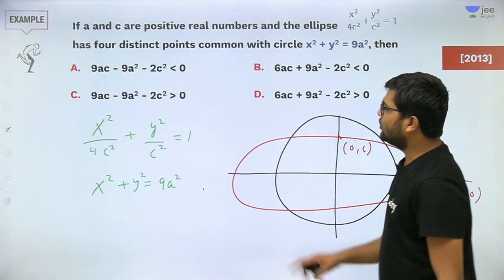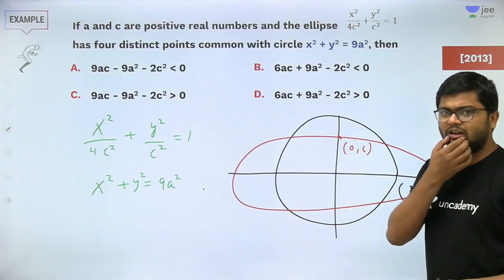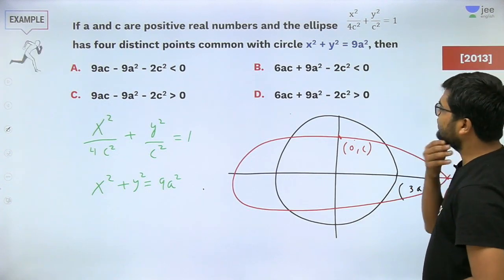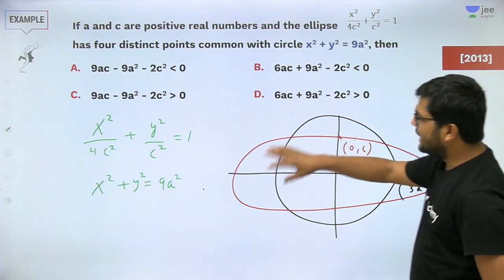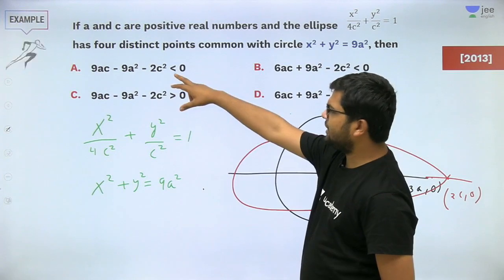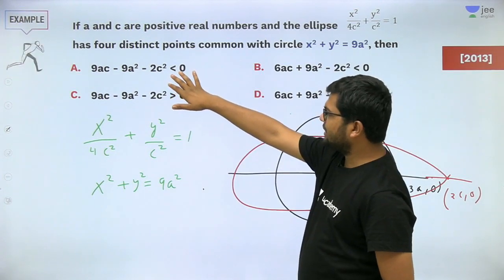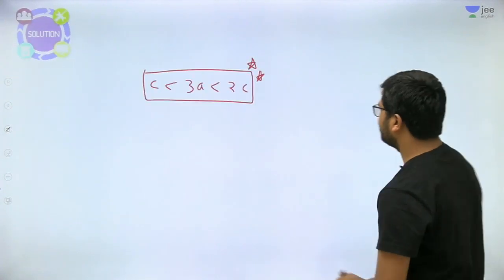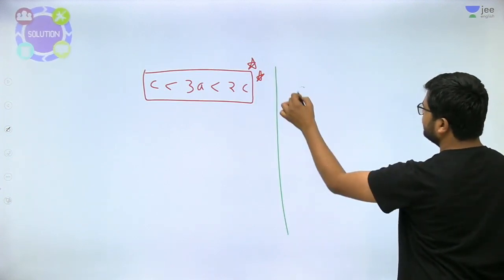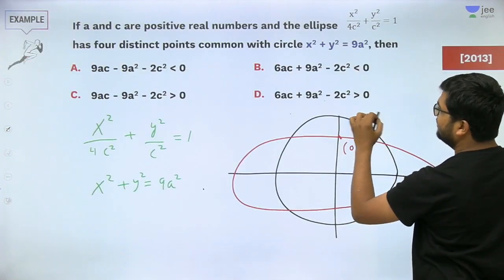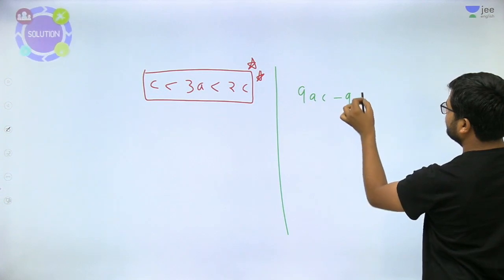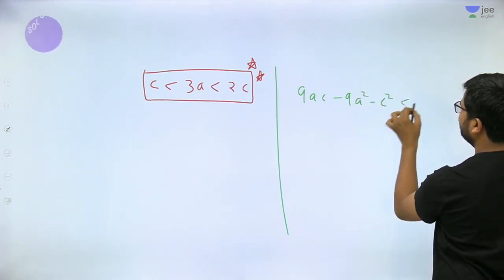Now, out of all these options, you need to check the inequality. I am checking option A, because it should be factorizable very easily. Option A is 9ac minus 9a square minus c square less than 0.